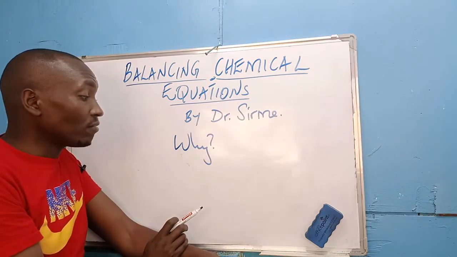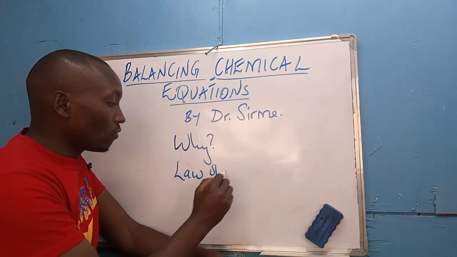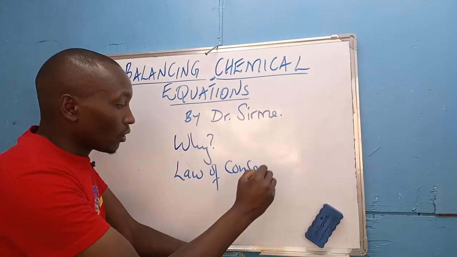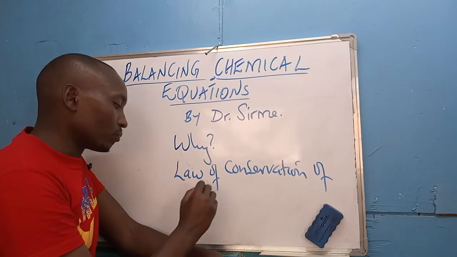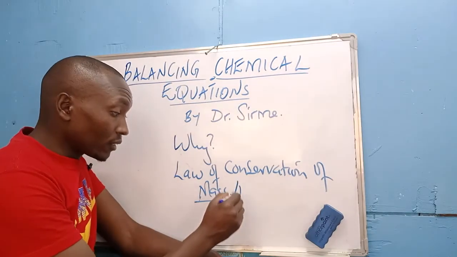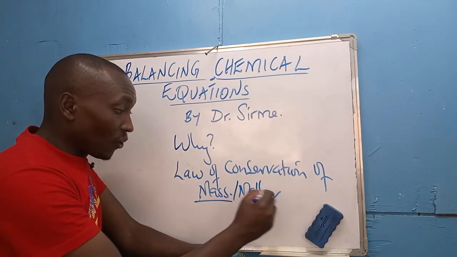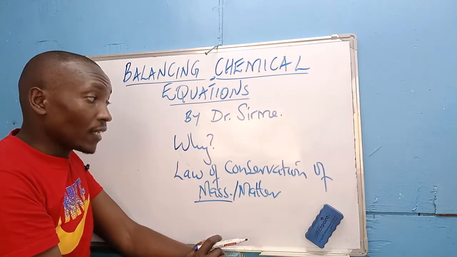Actually, we have a law that we call law of conservation of mass. And this law states that mass, or simply matter, cannot be destroyed or created. What does that mean?